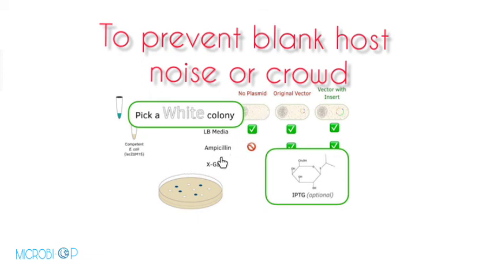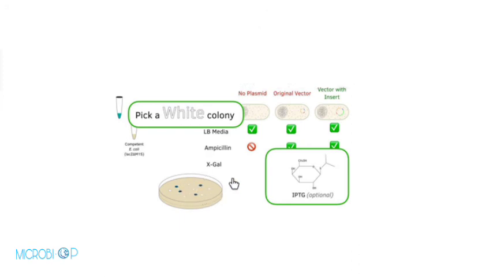So ampicillin is added such that the host which is blank cannot grow in the media. Now which will grow? Only those which have the plasmids.